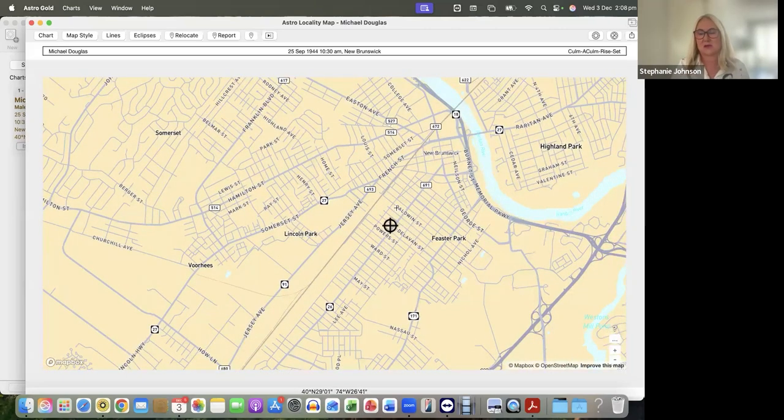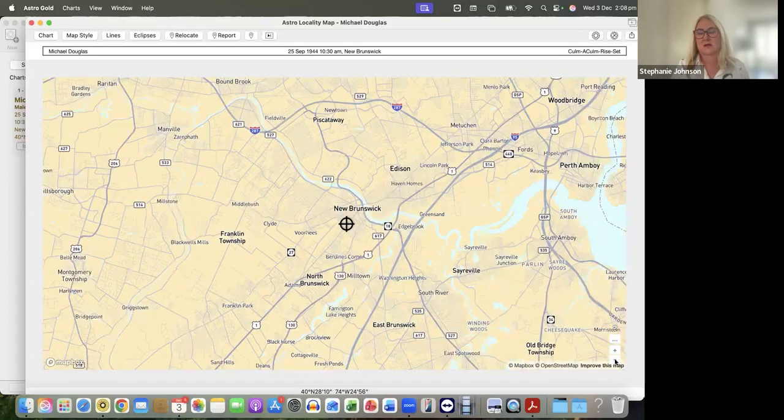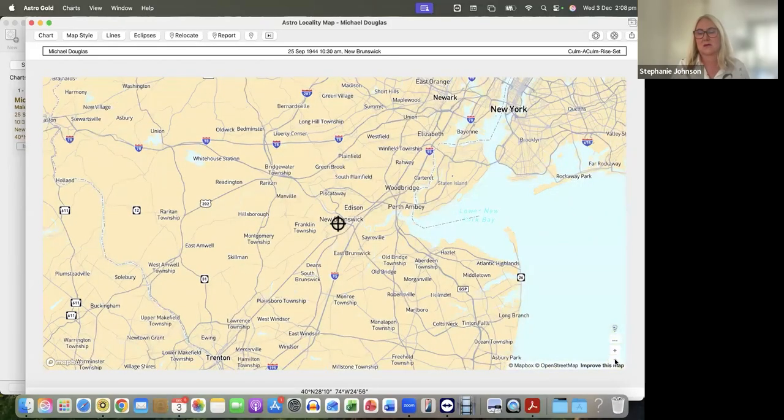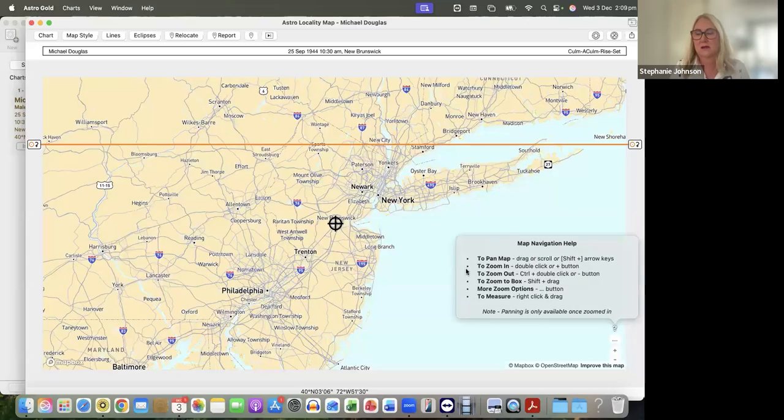Now, what I'm doing is double-clicking on the right-hand side, but what you can also do is just come to this little minus and go back out again. So I'm clicking on the minus sign that's in the bottom right-hand side. So see this little question mark?